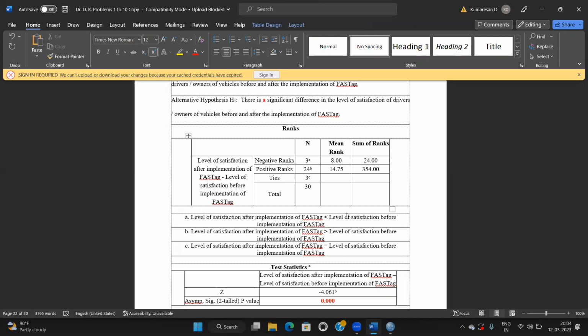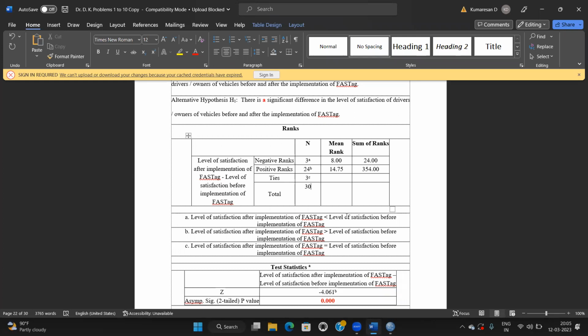That means after implementation, the satisfaction is reduced, in the case of 3 drivers. What about positive rank?